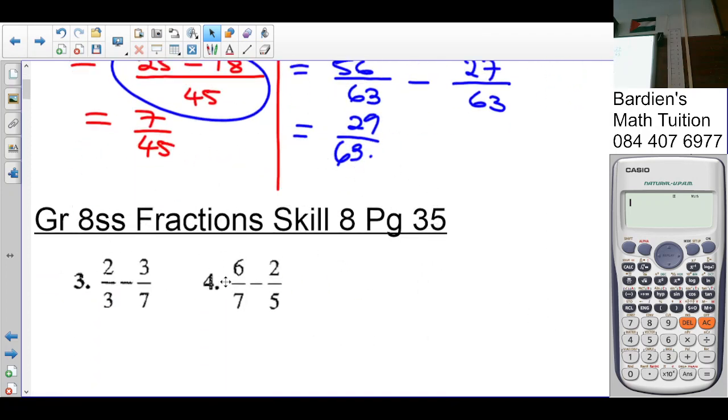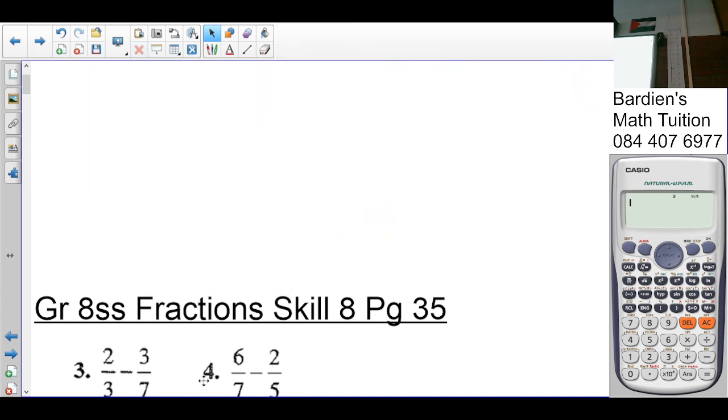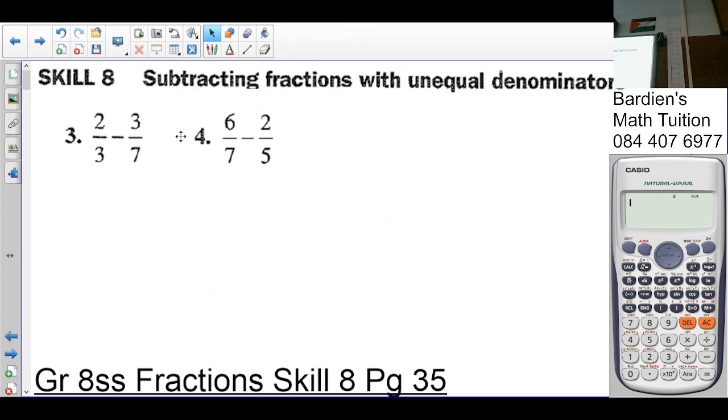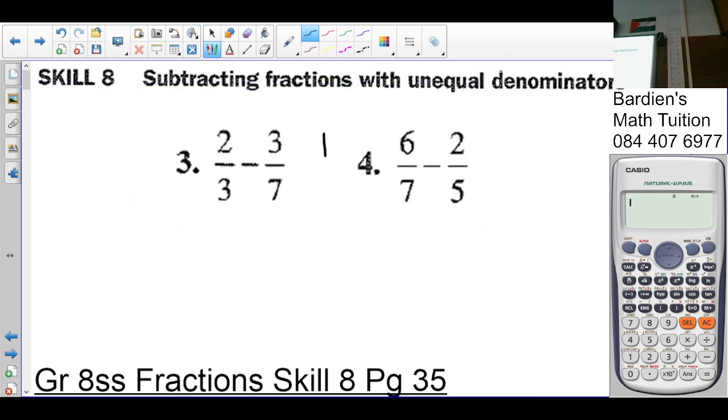Now we're looking at number 3 and 4. Look at number 3. Is 7 divisible by 3? No. So we're going to count in multiples of 7. So we go 7. Is 3 divisible by 7?